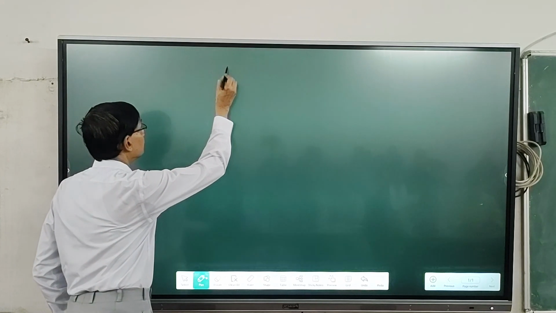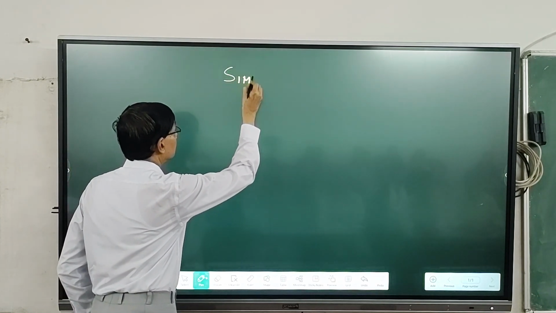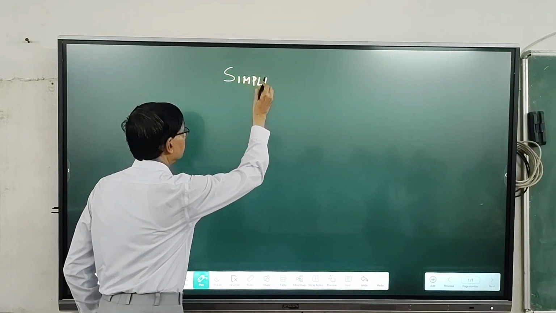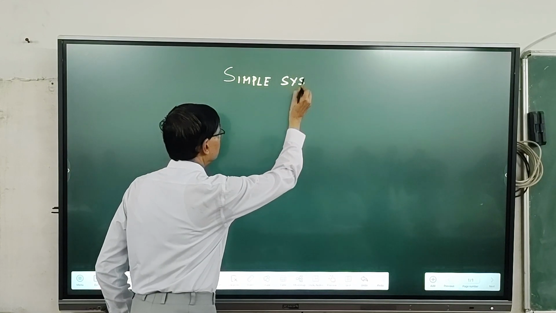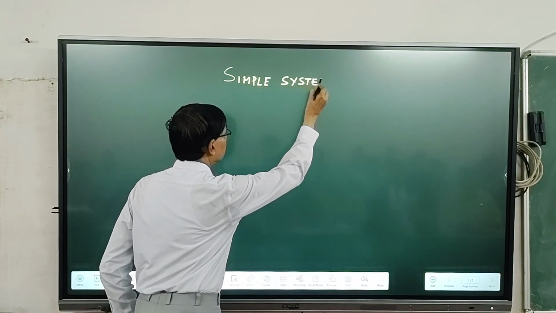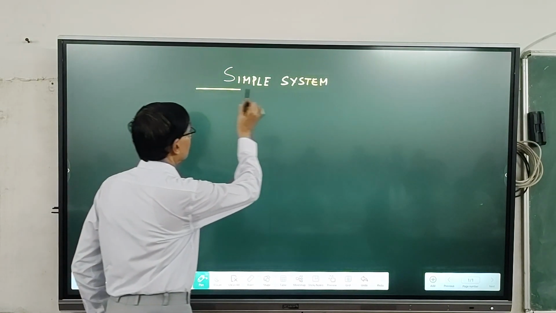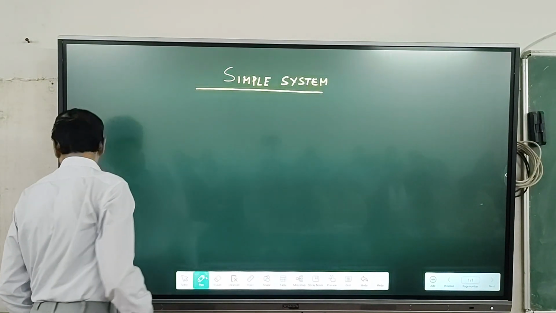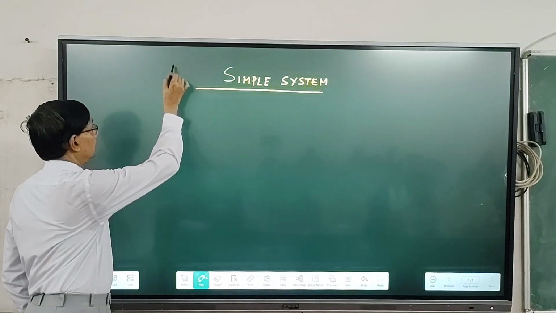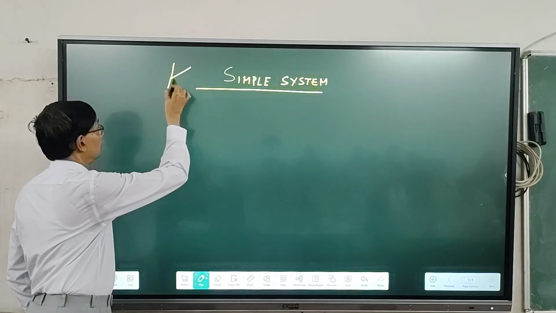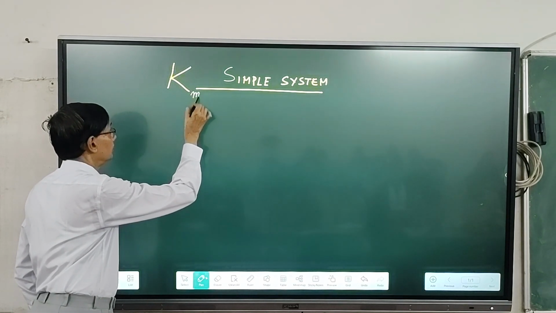So today I will deal with the simple system, sometimes called, as we have already told, Michaelis-Menten kinetics, or the determination of Km.